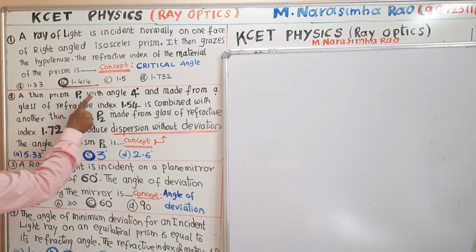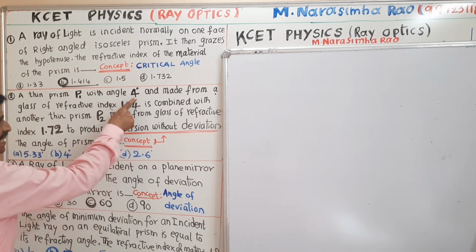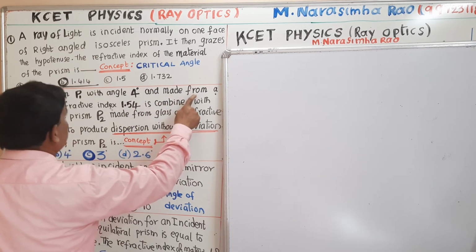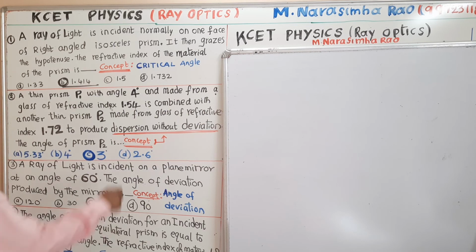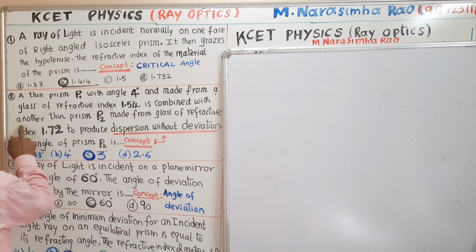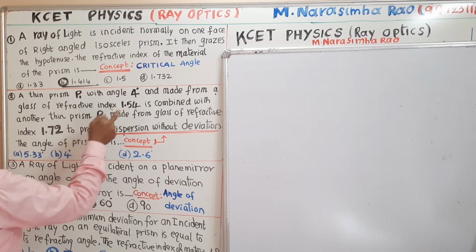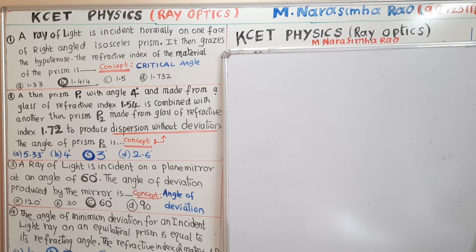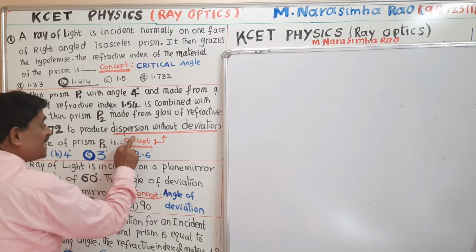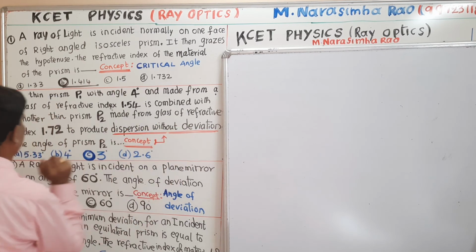Prism P1 with angle 4 degrees and made from glass of refractive index 1.54 is combined with another thin prism P2 made from glass of refractive index 1.72 to produce dispersion without deviation.